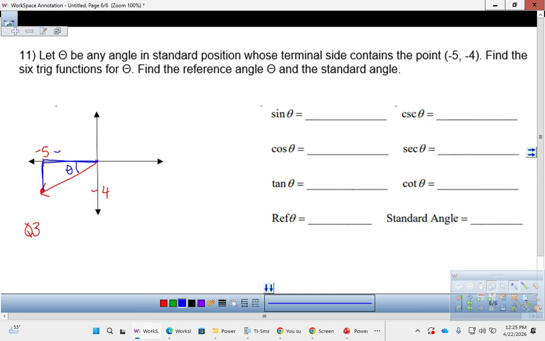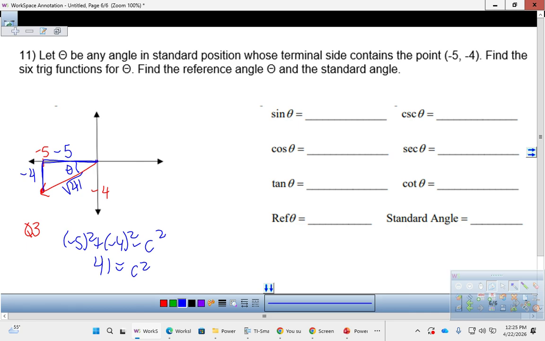Well, we went over 5 and we went down 4. So if we do Pythagorean theorem on this, we end up with, let's see, 25, 16, 41. So root 41 would be my hypotenuse.